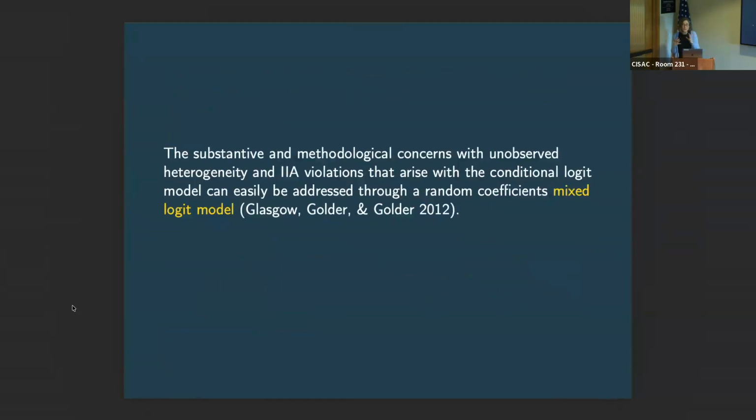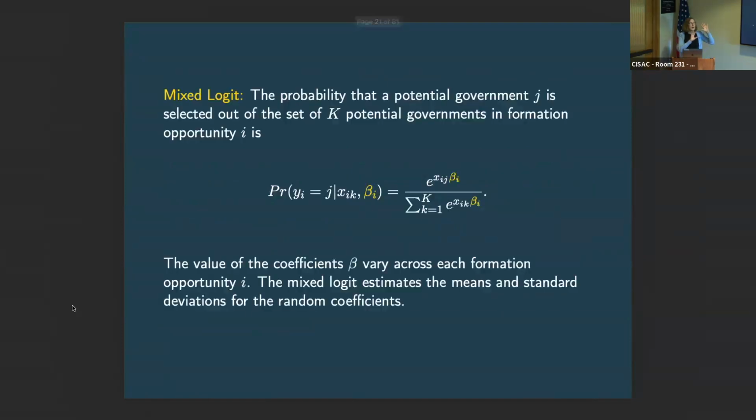Turns out you can fix those problems if you shift to a different model, the random coefficients mixed logit model. And this is just like the conditional logit model I showed you before, except that we now can allow our coefficients to vary across formation opportunities.